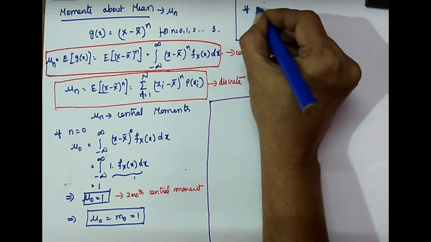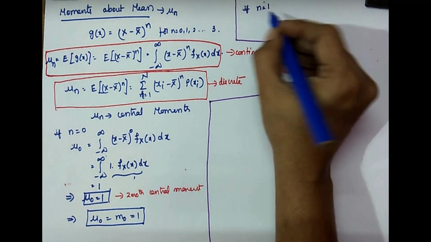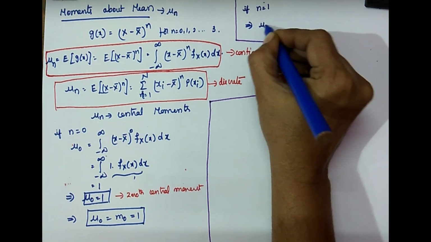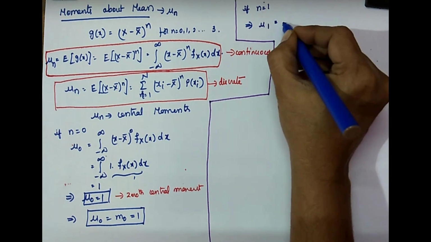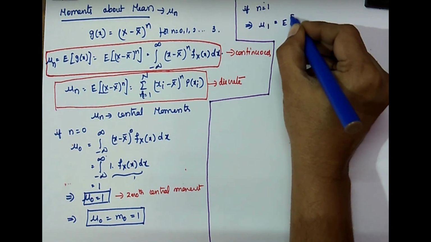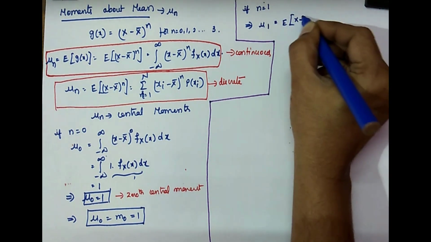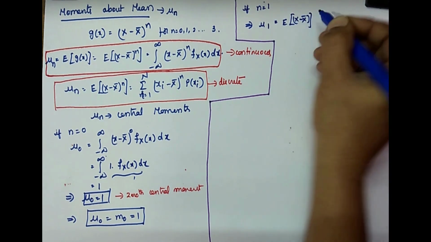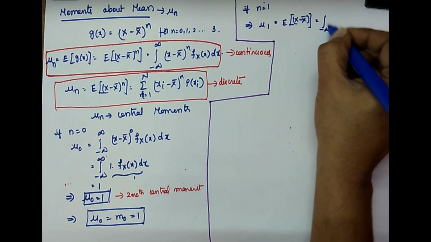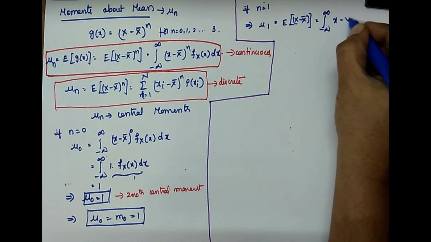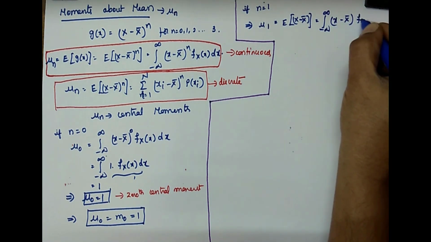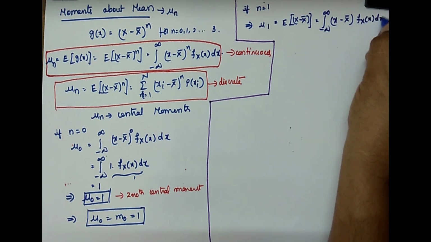Okay. Then if n is equal to 1, it implies mu 1 is equal to E of (x minus x bar), because n is 1, which is equal to the integral from minus infinity to infinity of (x minus x bar) into fX of x dx.